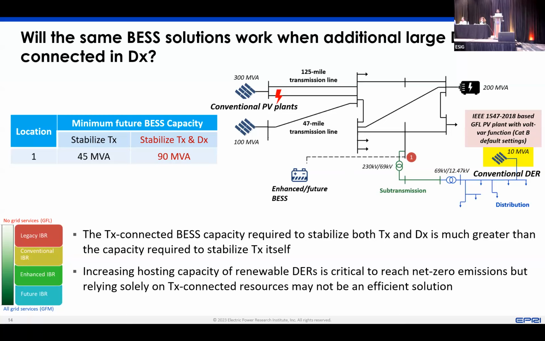Which means that the more distributed resources that start coming onto the distribution network that are not helping themselves, the more the burden increases on the transmission side. The resources on the transmission network not only have to take upon the burden of stabilizing their own resources, but they also have to stabilize the distribution network and those associated load dynamics and all the other characteristics that come up.